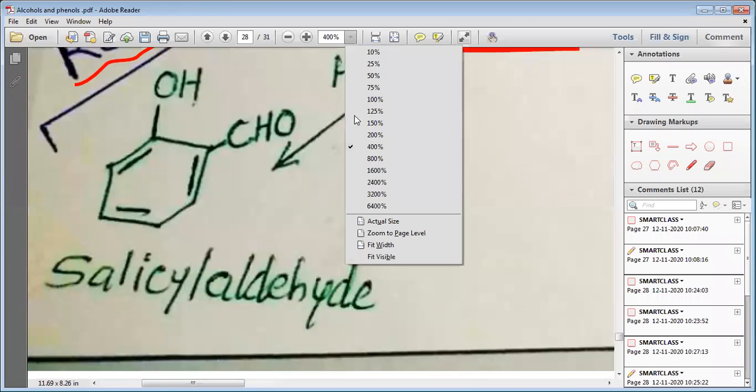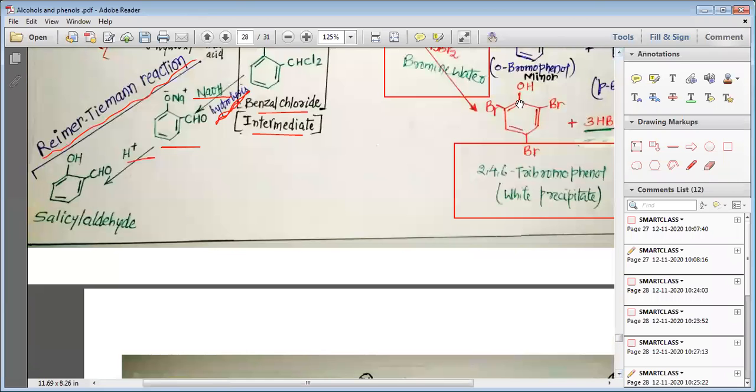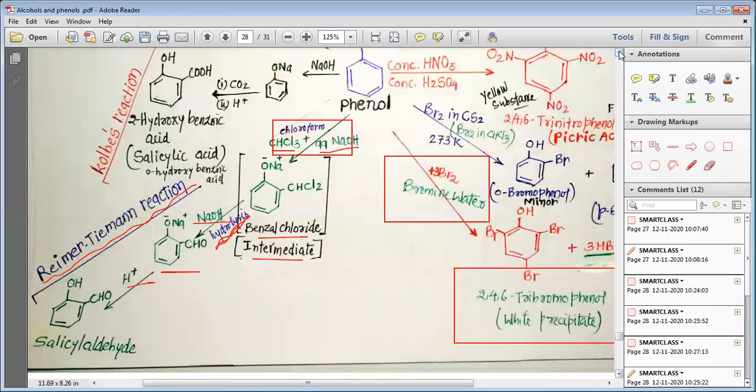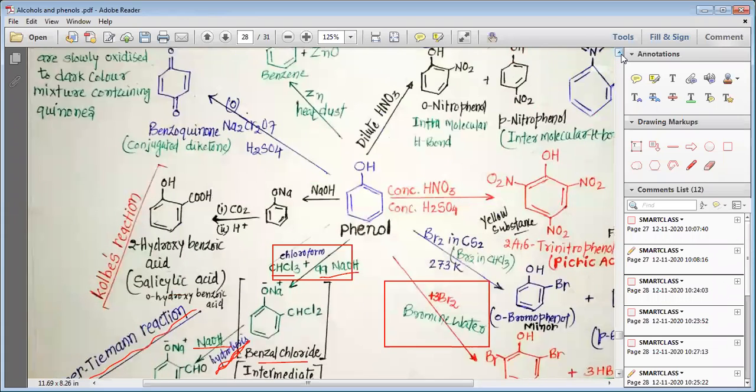This is how, my dear students, we truly understand the process of the Reimer-Tiemann reaction. You can easily see the reaction here: phenol, then the benzyl chloride intermediate, then treatment with sodium hydroxide and acid will give us salicylaldehyde. So this is how we study the Reimer-Tiemann reaction.